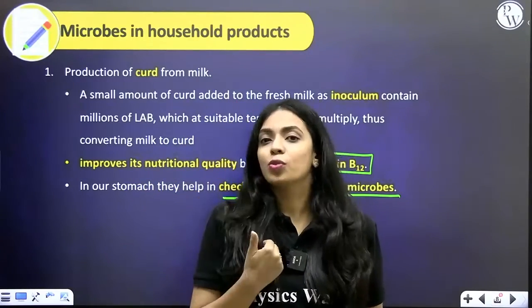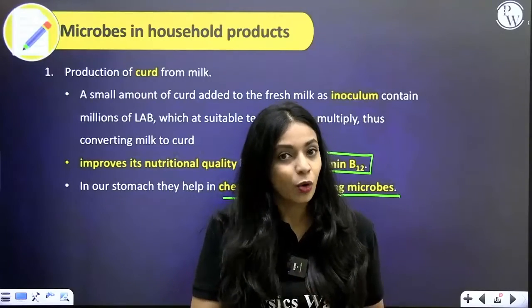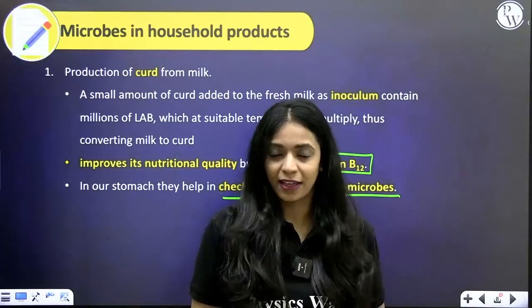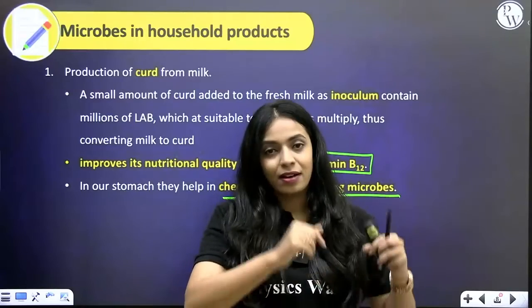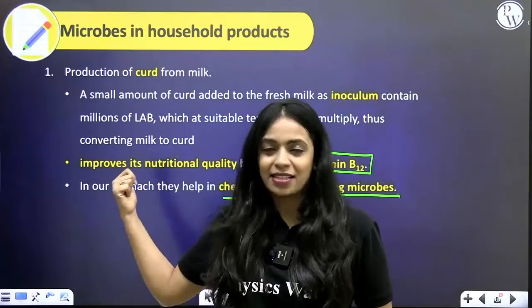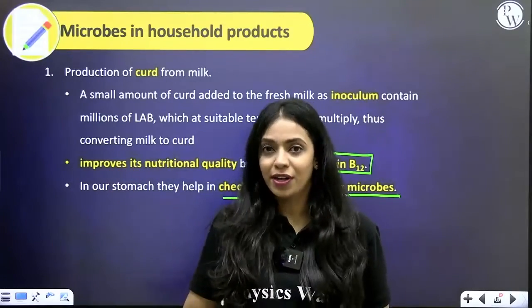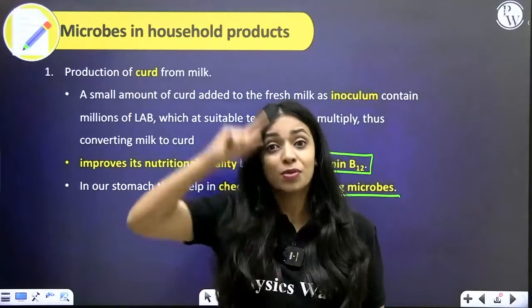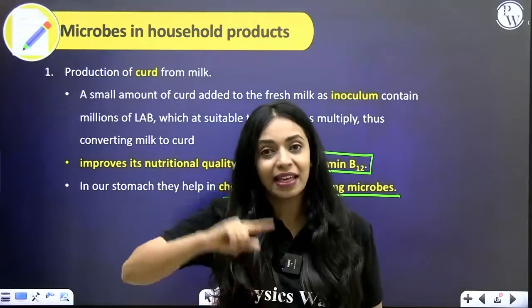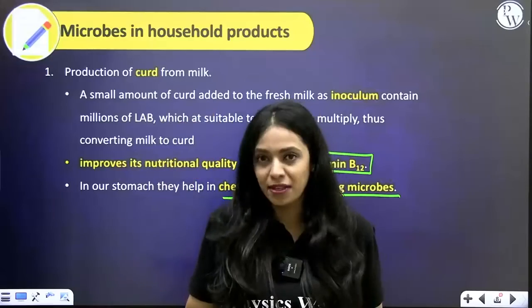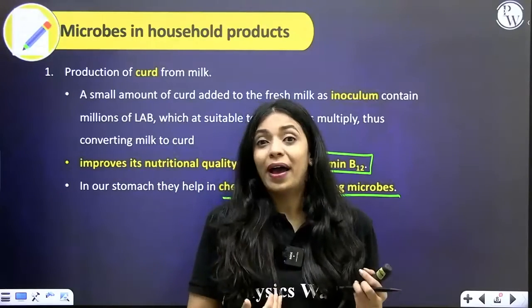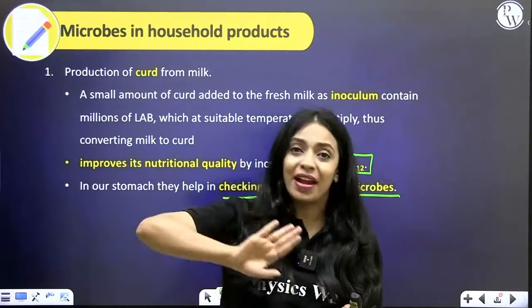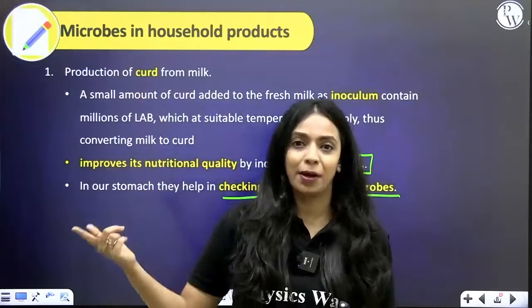As you consume the food, it will go down your alimentary canal to the place where these bacteria are residing. These good bacteria, the lactic acid bacteria found in your curd, will prevent those bad bacteria from growing and will suppress their growth. So these good bacteria also help us prevent getting infected by the bad bacteria.